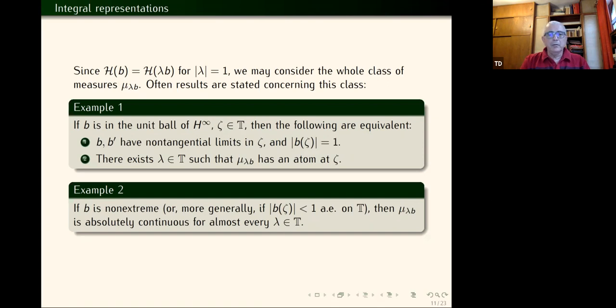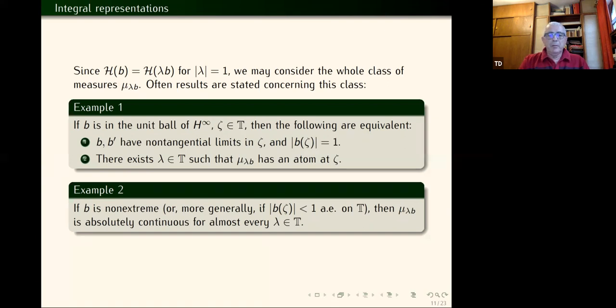If we have B, a function in the unit ball, and a point zeta in T, then the condition that B has an angular derivative in the sense of Carathéodory, that has already appeared at some point in the first course, is equivalent to the existence of lambda in the circle such that mu_lambda of B has an atom at zeta.